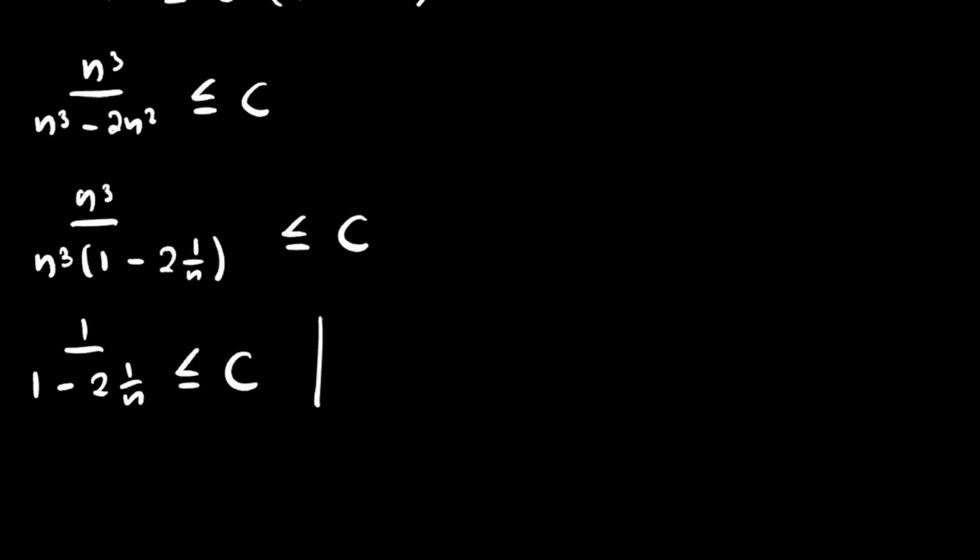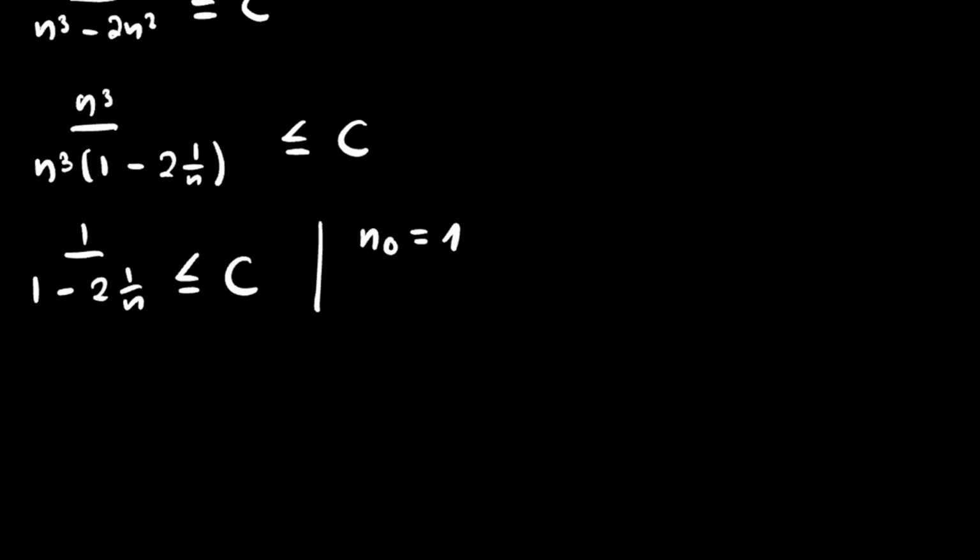Now, in this case, what we want to do is pick a value for n. For n0, imagine we have 1, so we can choose any number above 1. Let's write 2, for example, and 1 over 2 for n.